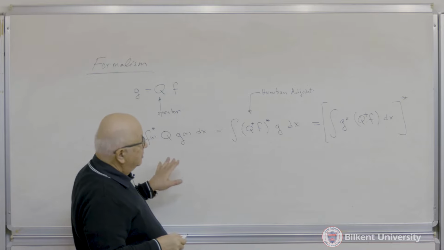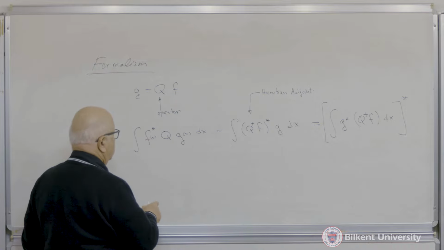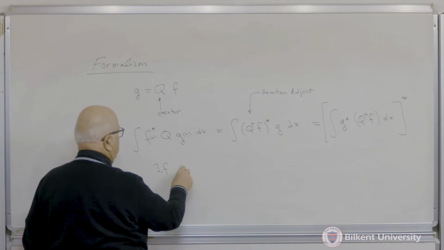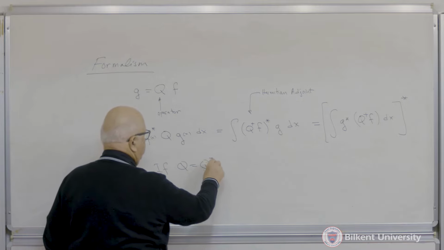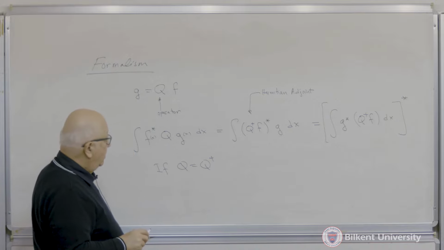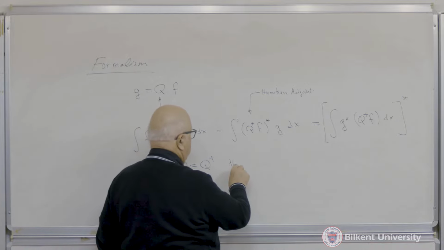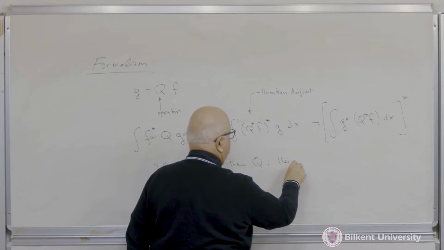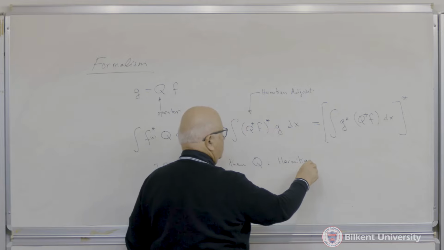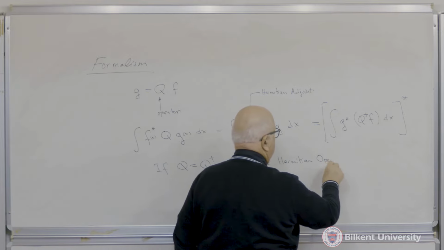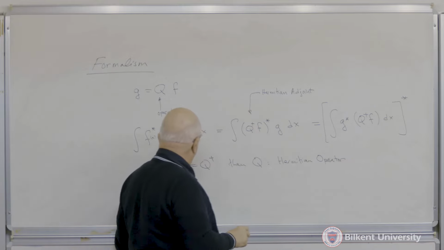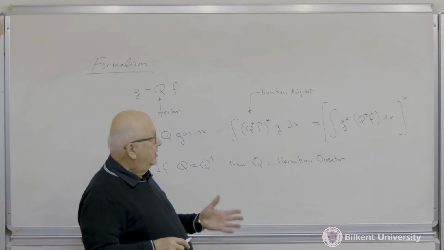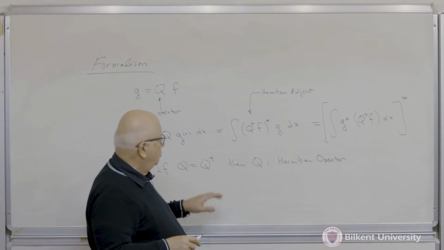Now, the special case is when Q equals Q dagger. Then Q is called a Hermitian operator. Our favorite operators that we use, things like position and momentum, are all Hermitian operators.